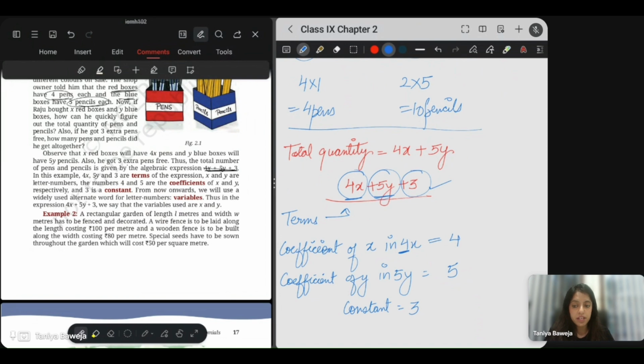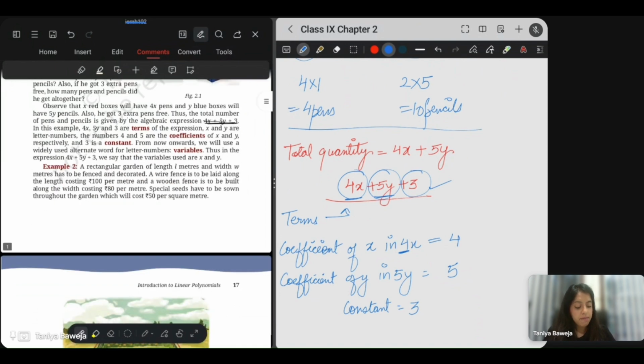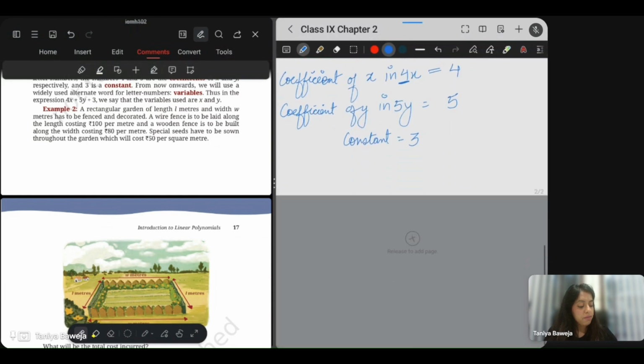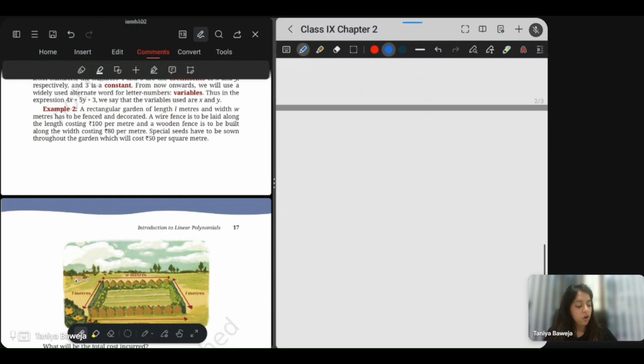Moving on to similar example number 2, where it says there is a rectangular garden of length L and width W that has to be fenced and decorated. A wire fence has to be laid along the length. Okay, let's take a rectangle.